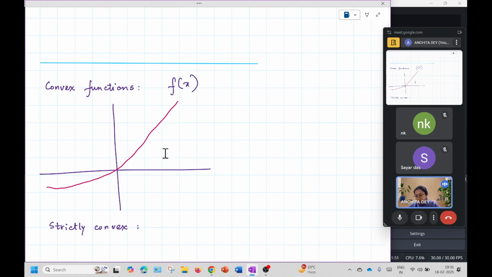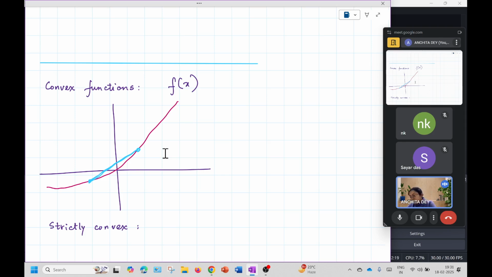So what it says is, take 2 points. I choose these 2 points and join the line segment. If this line segment lies above the function, then it is a convex function. If it lies below the function that was given to us, it would have been concave, but now it lies above it.